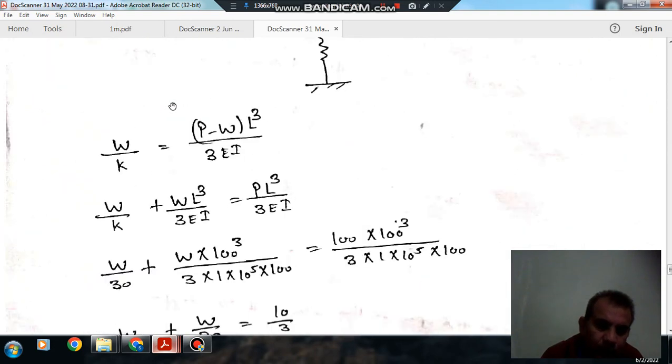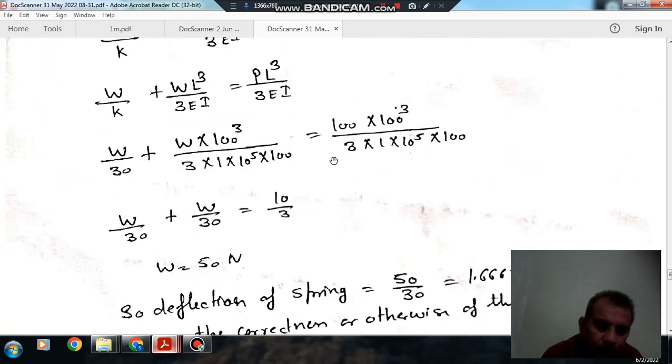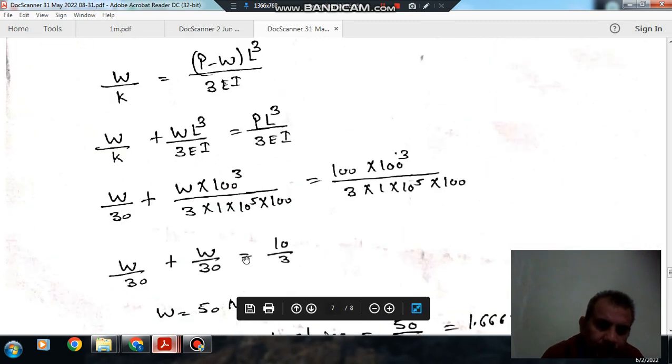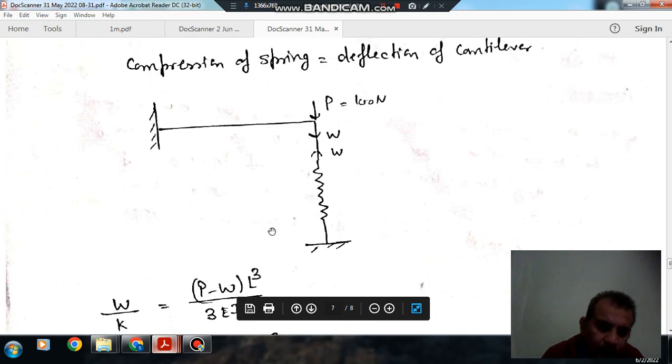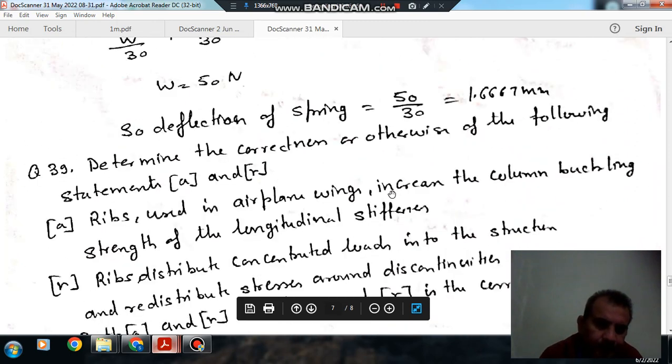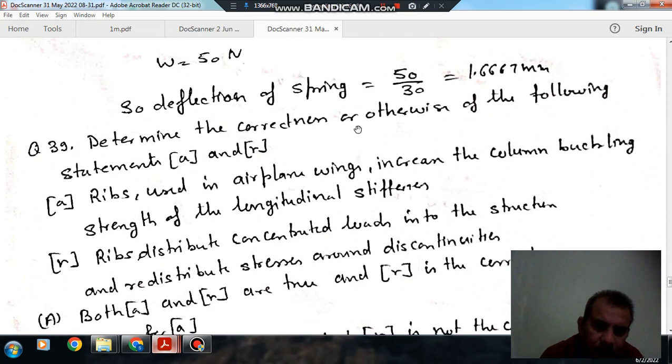So putting these values, we can get W. W is your 50 Newton. After getting W, we can find out the deflection of the spring, that is W by K, so that is 50 by 30, or 1.6667 mm.